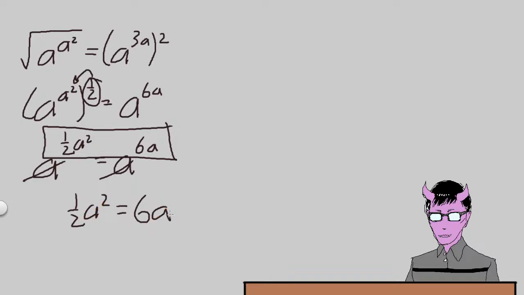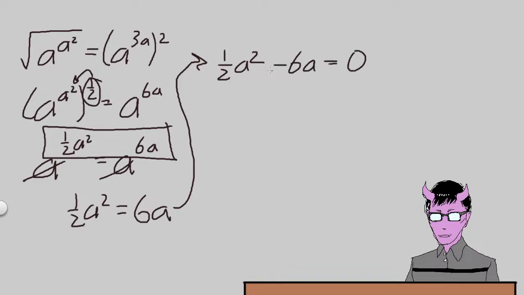If you bring things to one side, let's do the standard route. We're going to move everything to one side, and we're going to get 0, and we're going to use the zero product property. Let's transform this. So moving everything over to one side, we're going to get 1/2 a squared minus 6a from this side, and then minus 6a from that side.